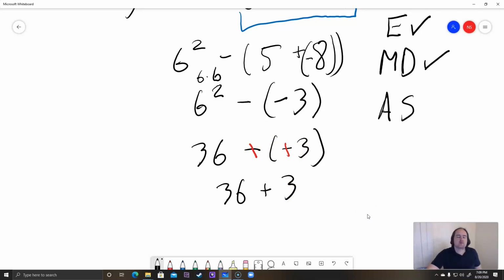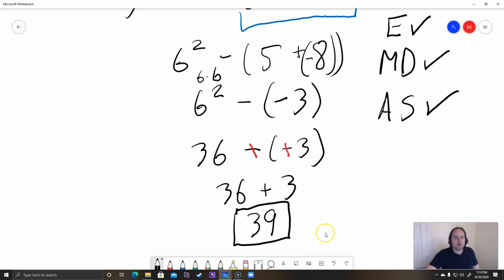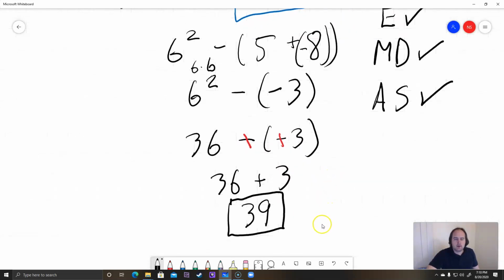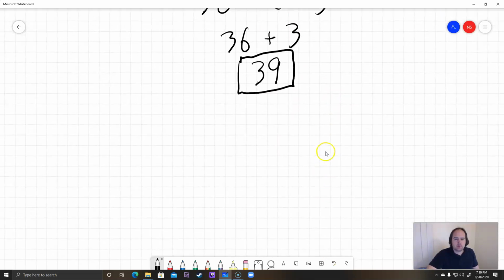So for addition and subtraction, we have 36 plus 3, which is actually 39. All right, and that's positive 39, because they were both positive. So as you can see, these problems get a little bit longer, but if you stick to PEMDAS, they shouldn't be too hard. All right, so that was example number 5.